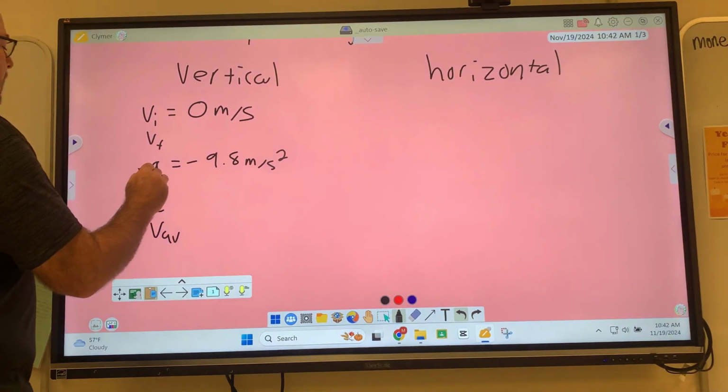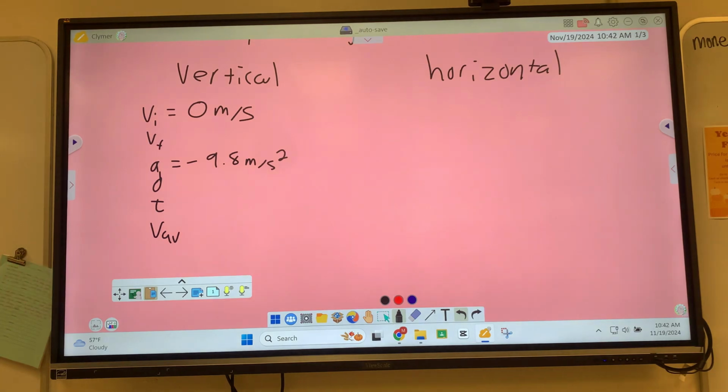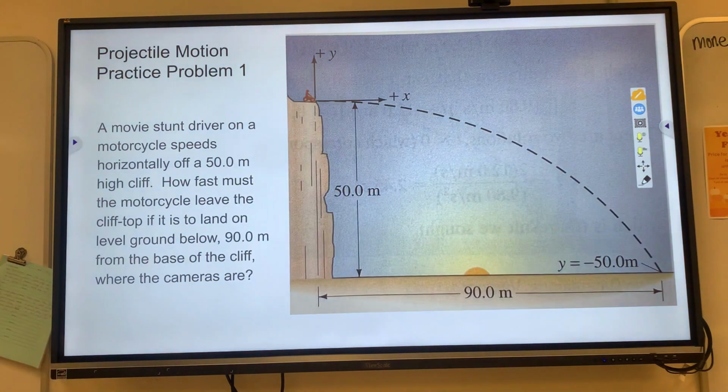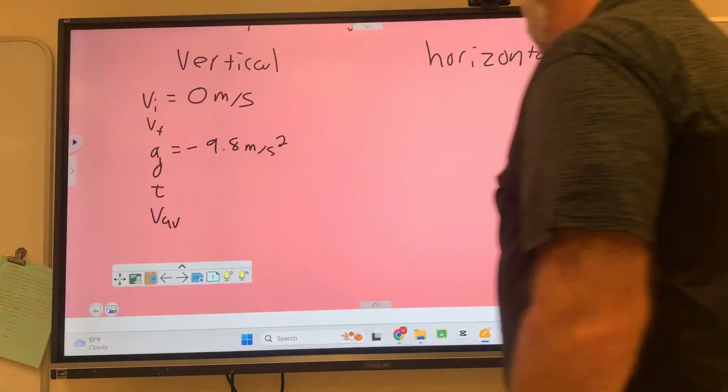What about distance? Do we know distance? Why 50? Yeah, that's how far it's going to go. Whatever the height of the cliff, vertically, if we're talking about going from the top of the cliff to the bottom of the cliff, to splat on the ground, we know our distance. So 50.